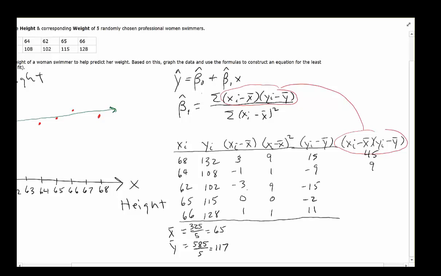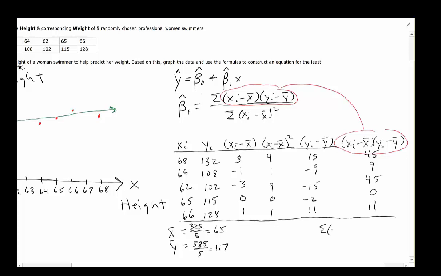Negative 3 times negative 15, which again would be 45. 0 times negative 2 would be 0. 1 times 11 would be 11. So if I add those together, that will be my numerator for my slope.